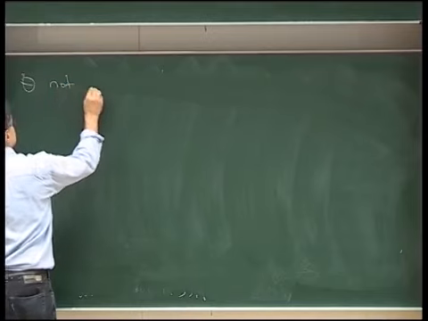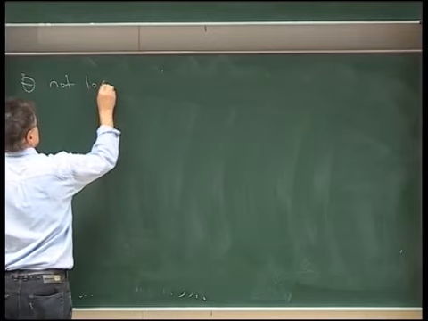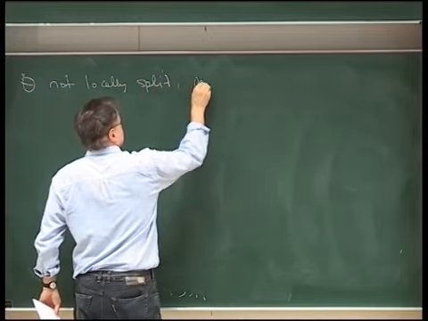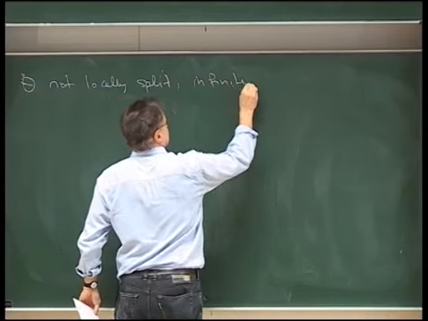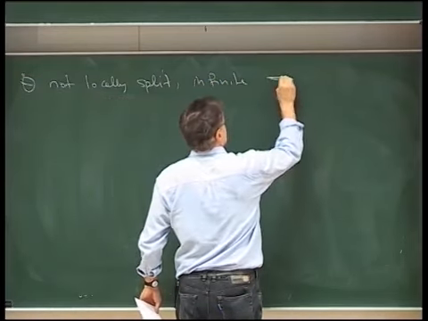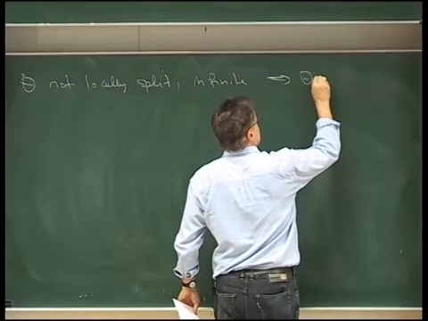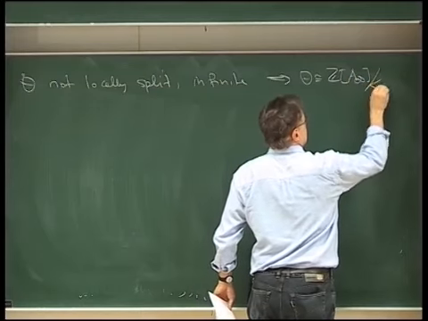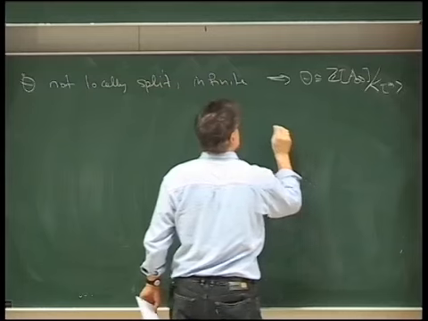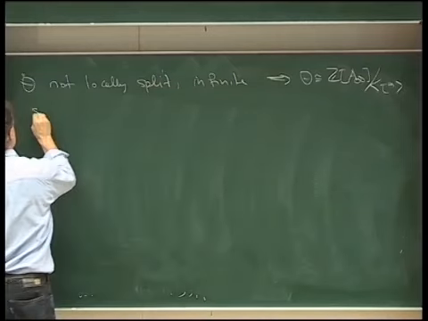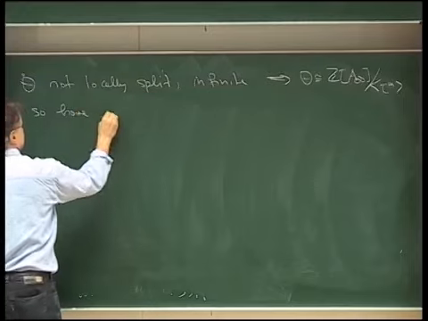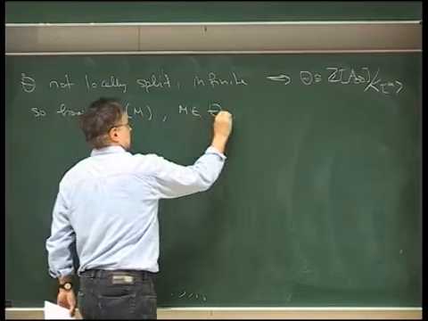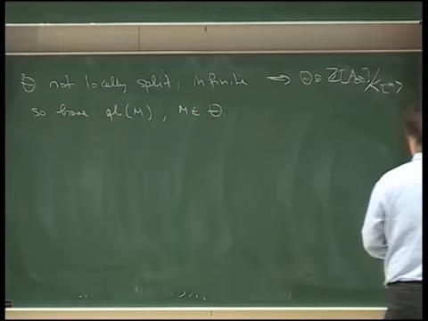So now assume that theta is not locally split, and assume it's infinite. Then recall that this means that theta is one of these tubes. So we have the quasi-length of modules belonging to this tube.